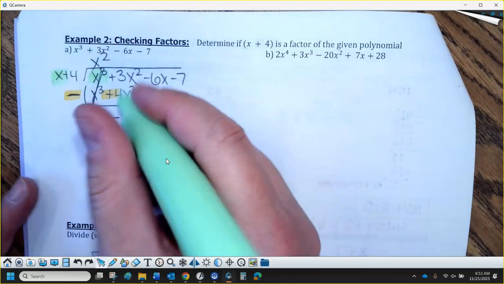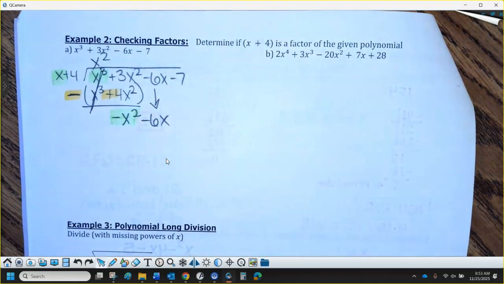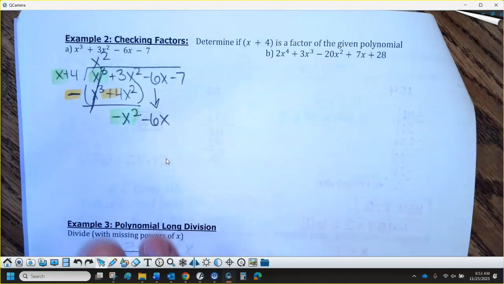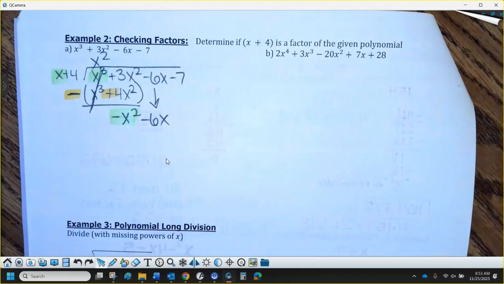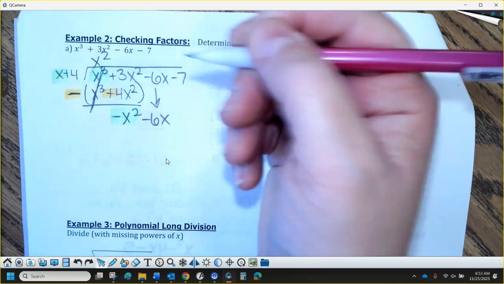Okay, what would you multiply x by now to turn it into negative x squared? What do you think? I need another x, right? It should be positive or negative.